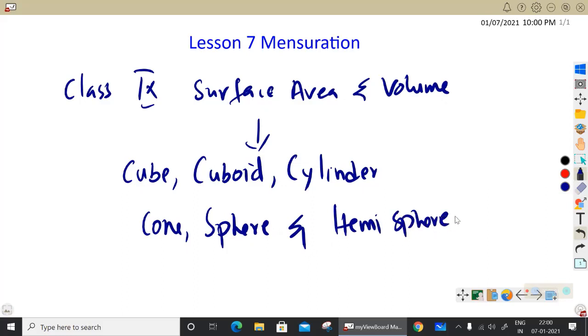So I am going to attach the video of class 9, which will cover cube, cuboid, cylinder, cone, sphere and hemisphere, what you learned last year, where you will be getting the full-fledged information.